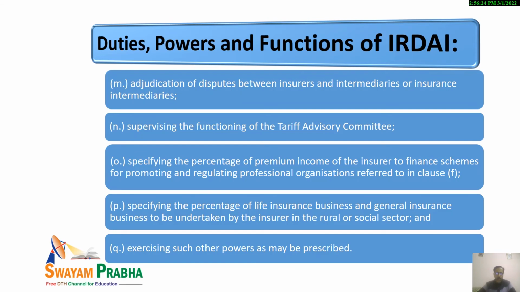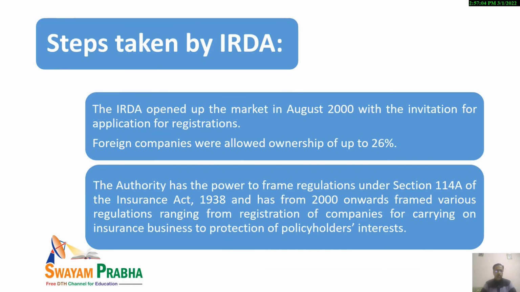So it may also be prescribed, and again it will be mandatory, not voluntary, on the part of the insurance companies to act strictly as per the issued guidelines. And from time to time, some issue may arise, so for that also, IRDA may exercise such powers which may be prescribed.